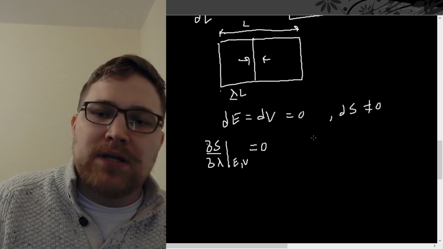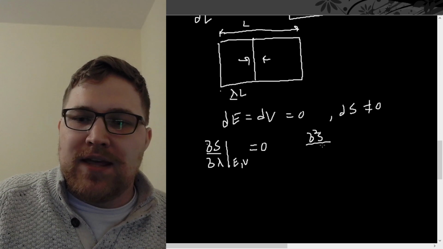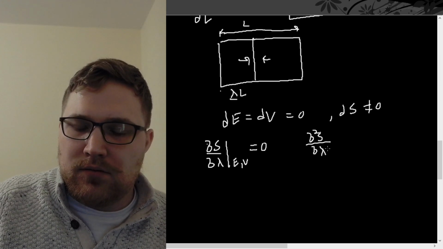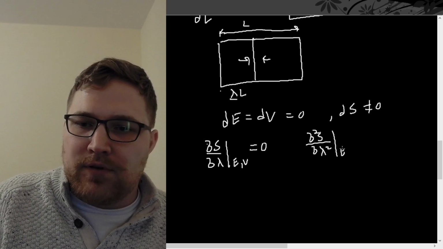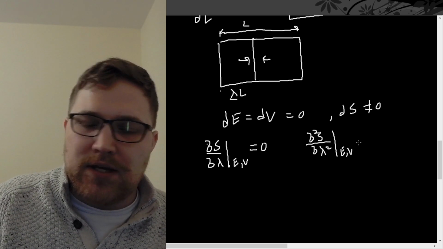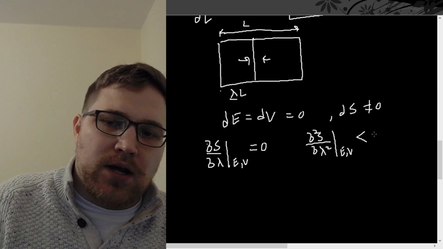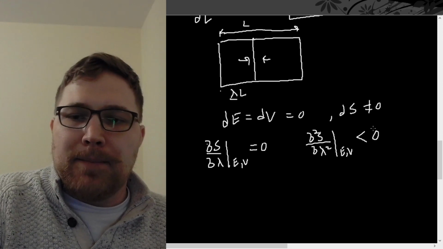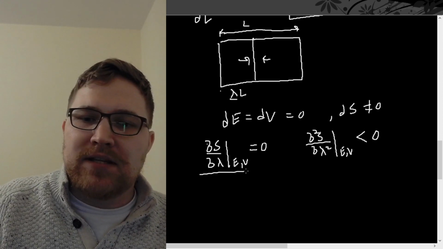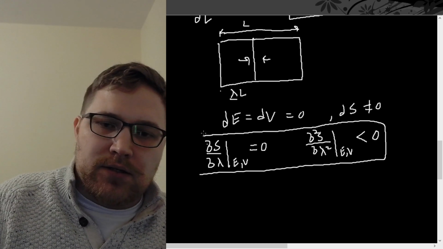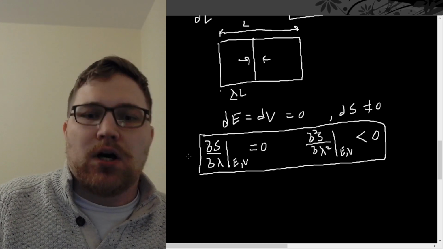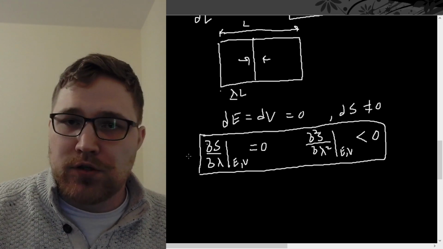And for it to be a maximum, we would then need the second derivative with E and V held constant to be negative. So this encompasses the variational statement of the second law of thermodynamics, and it's a very useful statement.